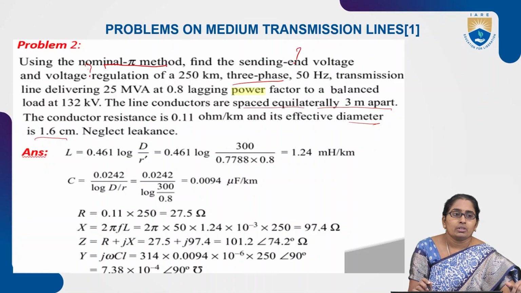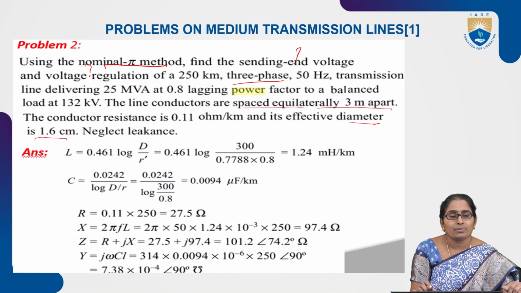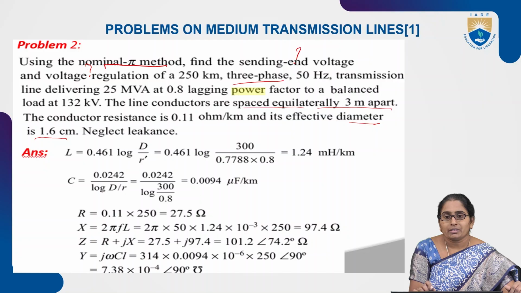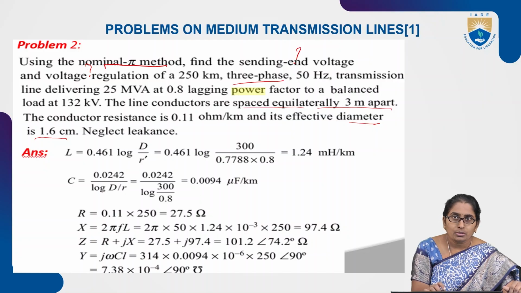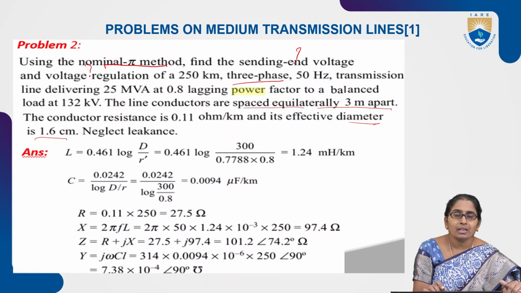Previously we learned how to calculate the line inductance and line capacitance of a 3-phase transmission line. We need to recollect the formula here because inductance and capacitance are not given in the problem directly.